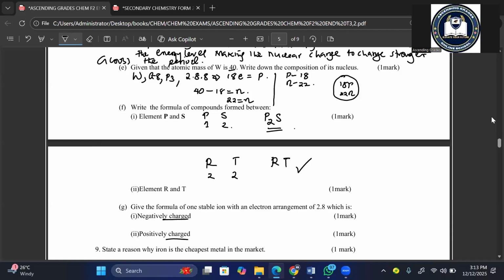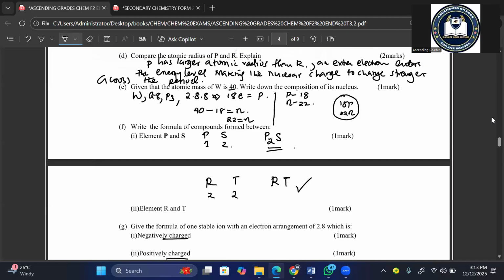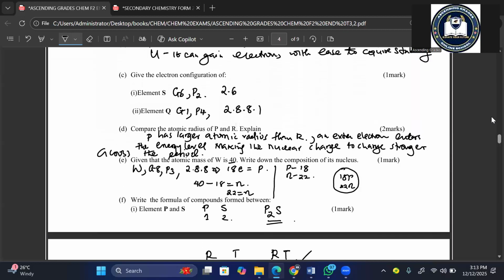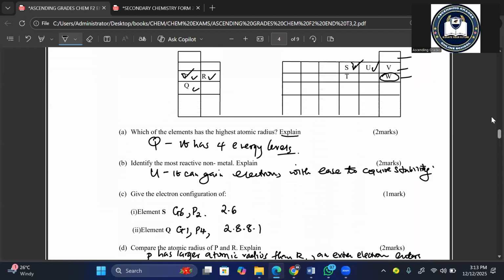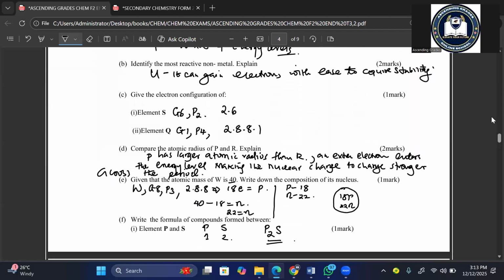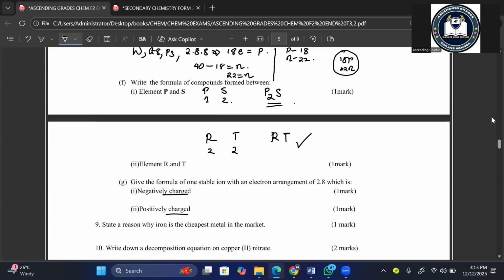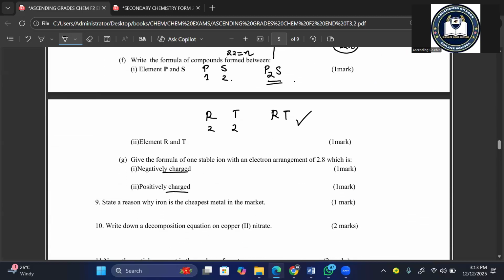The one that is supposed to be negatively charged is supposed to be from group 7, and you can see we only have U. So U will be like that.